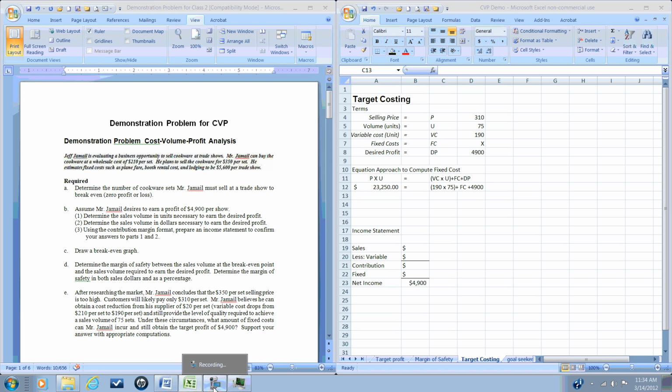So now we're going to solve for our unknown, the fixed cost. So we're going to bring the whole numbers from the right side of the equation over to the left side.